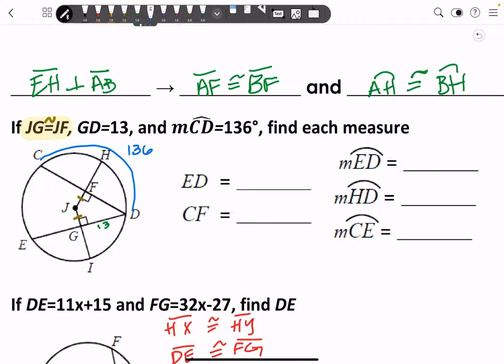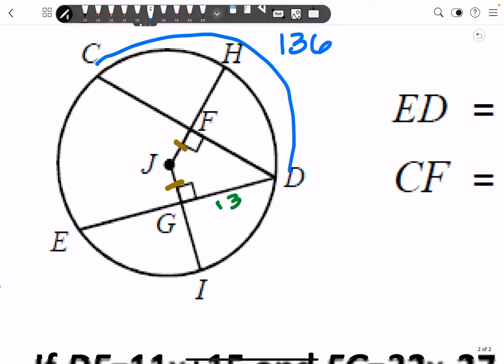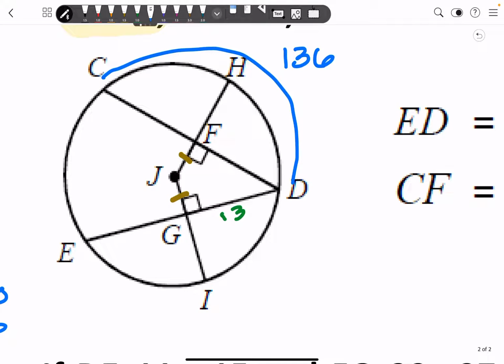So we're going to do the same thing that we did last time. We're going to ignore this, and we're just going to figure out our circle, given what we know. So what we do know is, because I'm going to start from my yellow, the first thing. Because we've got these two being equidistant, we know that CD is also going to be congruent to EI. And that means that because the line segments are congruent to each other, that guess what?